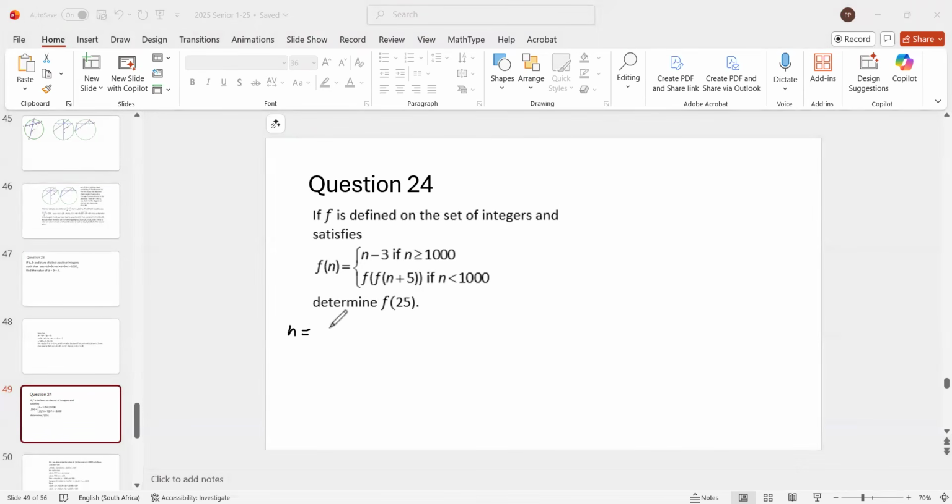If n is equal to 1,000, these are integers, so 1,000, 1,001, 1,002, and so on, then f of n, you simply subtract 3 from that. So f of n will be equal to n minus 3.